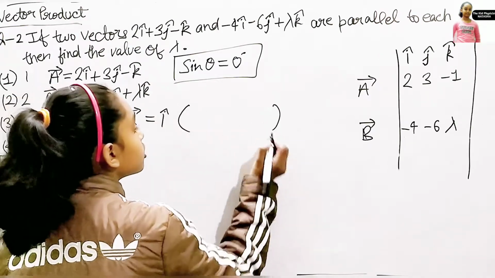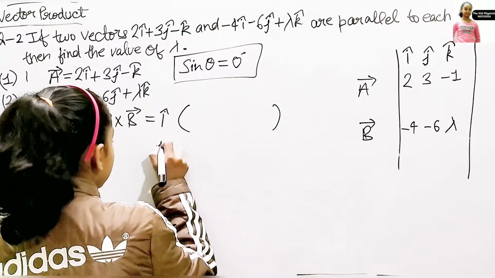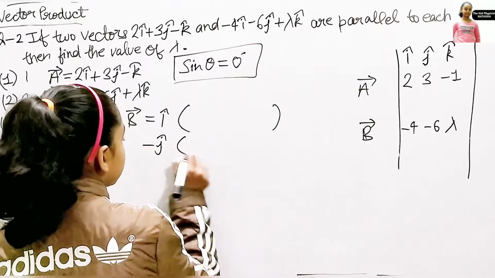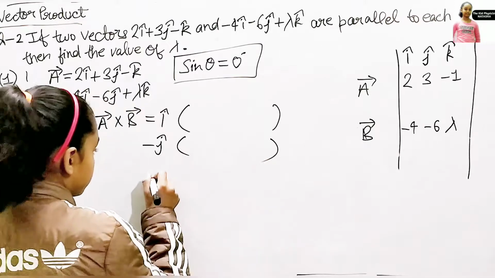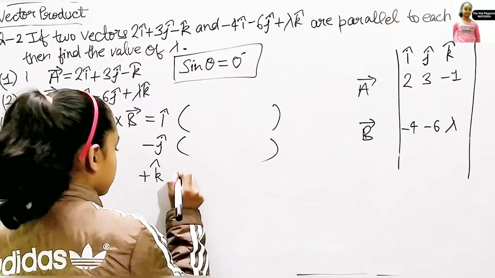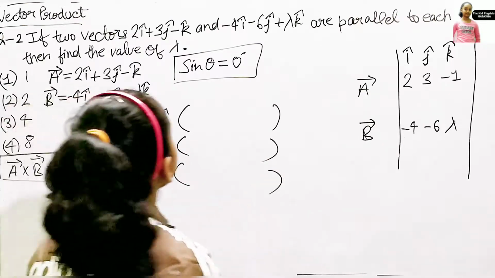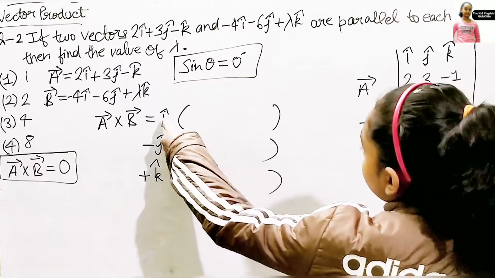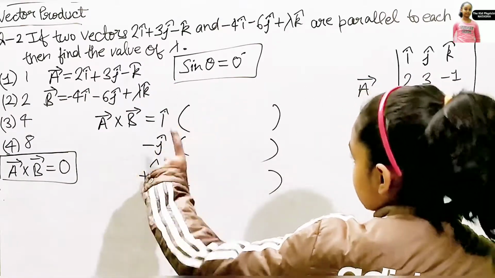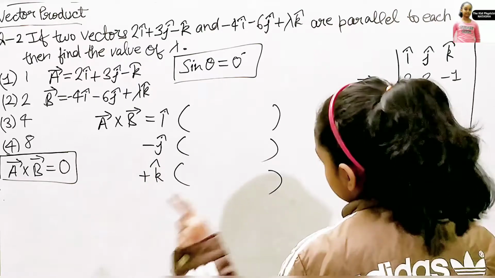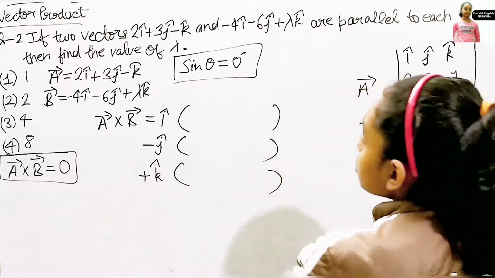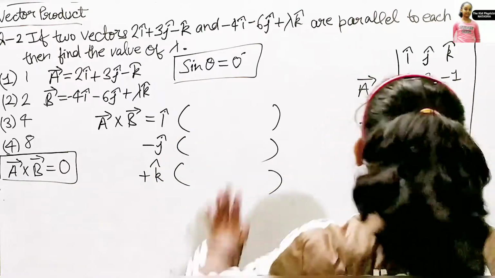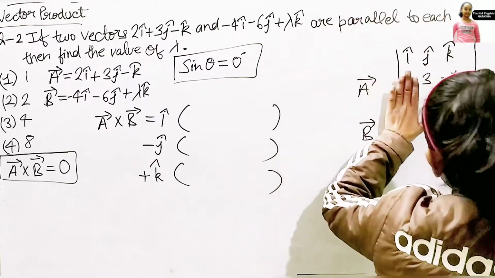To find the value of gamma, we have to solve it this way. Now i cap, only i cap, positive. Hide the row of i cap, hide the column of i cap.